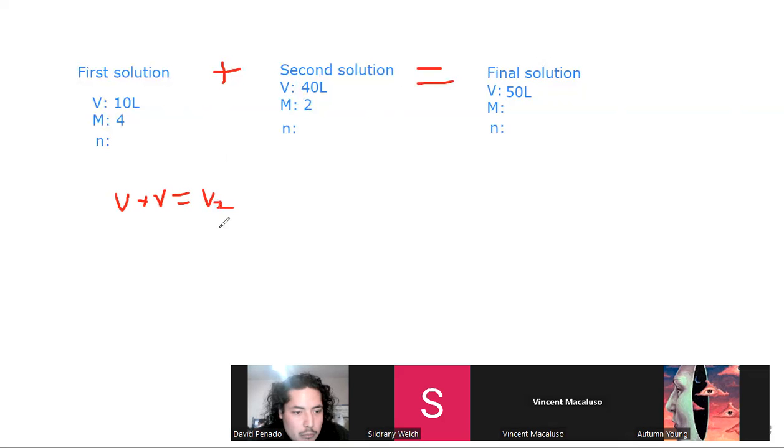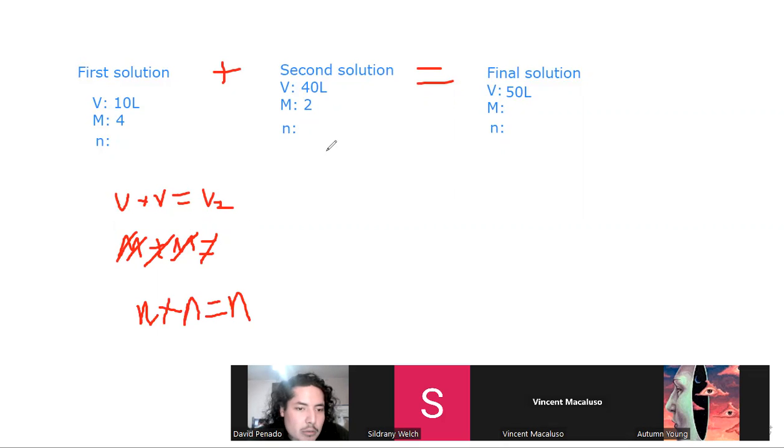The way I was doing it was to solve the first one, then solve the second, and then add it. Yes, the moles get added in the end. So only two get added, the volume and the moles, never the molarity.